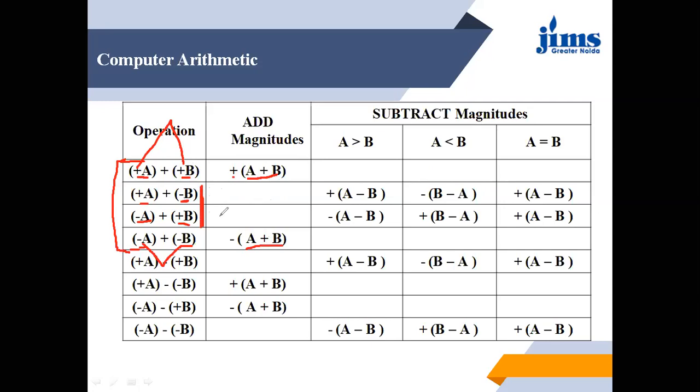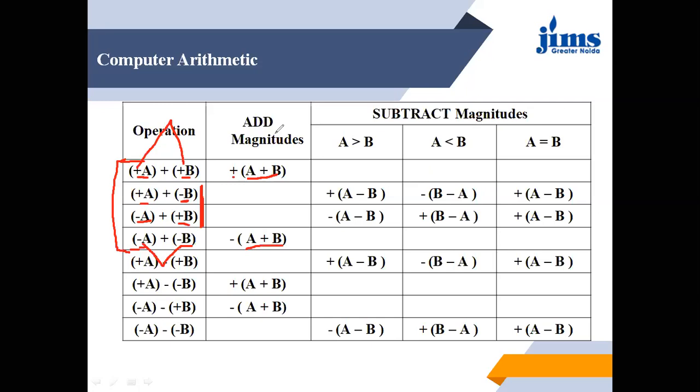When the signs of the two numbers are different, then we have to check the magnitude of a and b, and the result is found by subtracting the smaller magnitude from the larger magnitude, meaning the small number from the big number.